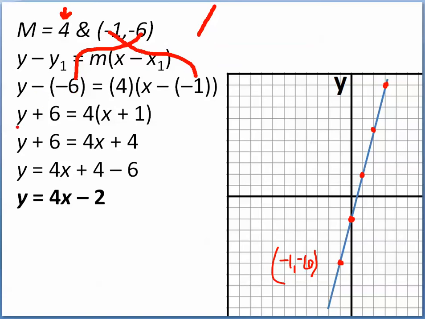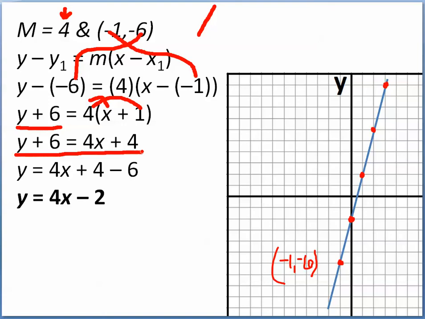That's the same thing as y plus 6, and then we have 4 times (x plus 1). We got the plus 1 because we have x minus negative 1, and that becomes x plus 1. Now we distribute the 4, so we have 4x plus 4. So we wind up with y plus 6 equals 4x plus 4.